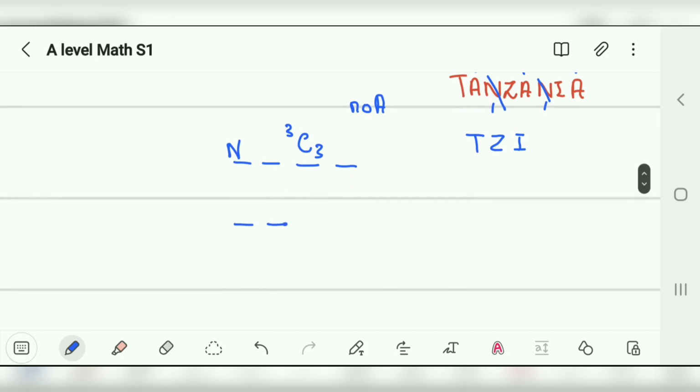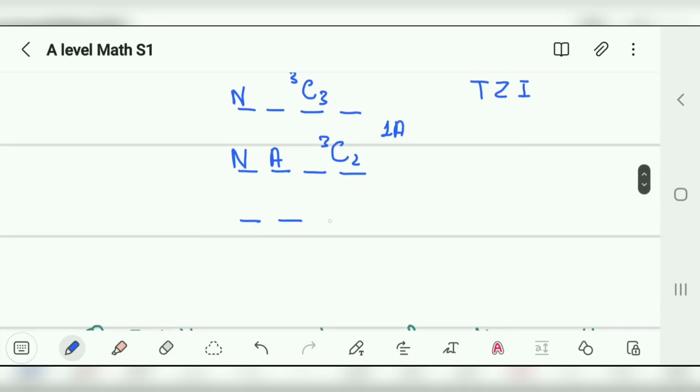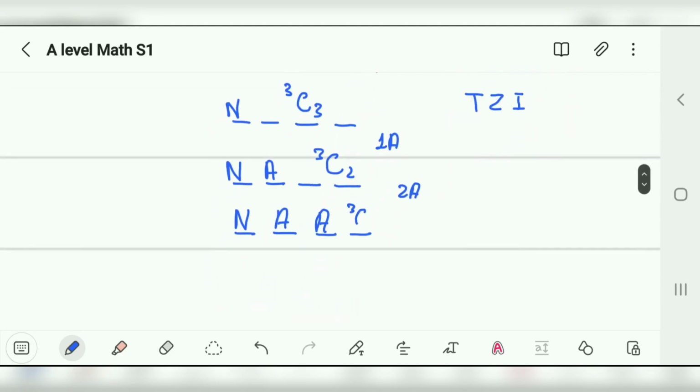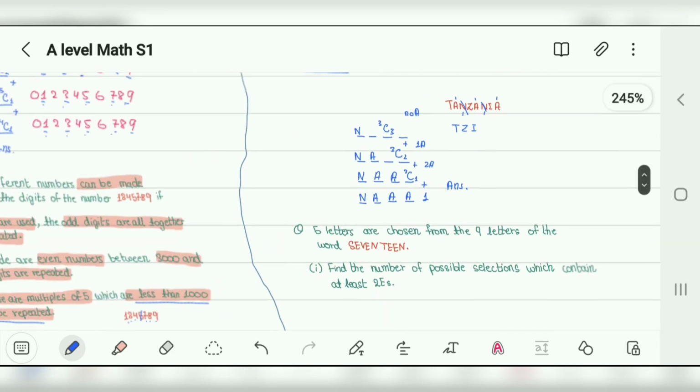Then the next one, exactly 1 N, and there is 1 A, so 3C2. Then exactly 1 N, and there are 2 A, so it's going to be 3C1. Then N and all A's, so it's going to be 1. Then we're going to add them all up, and this is the answer.